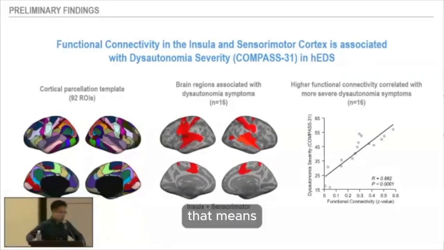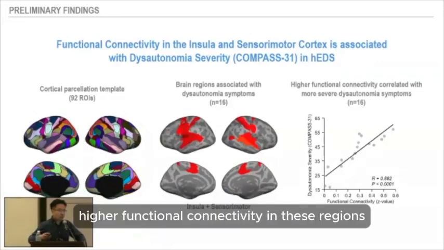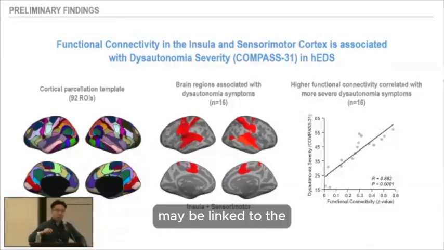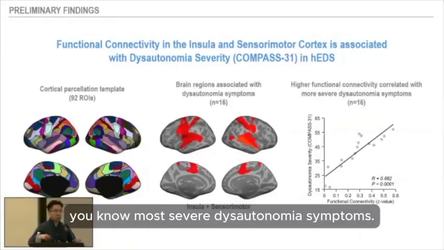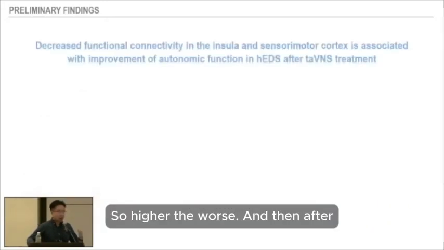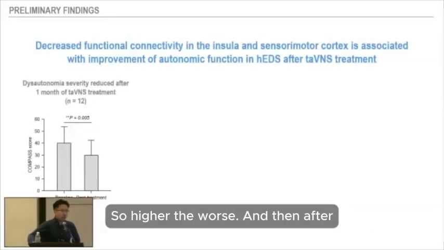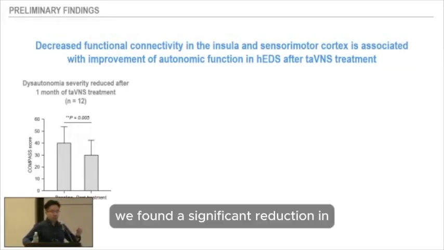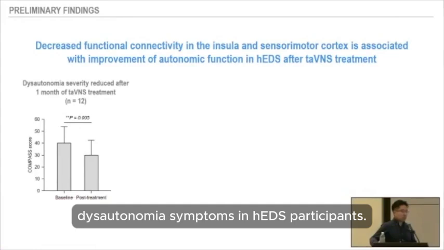That means higher functional connectivity in these regions may be linked to more severe dysautonomia symptoms. So higher the worse. And then after 1 month of TMS treatment, we found a significant reduction in dysautonomia symptoms in HEDS participants.